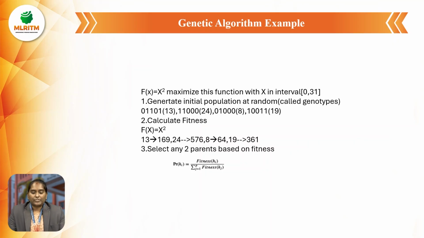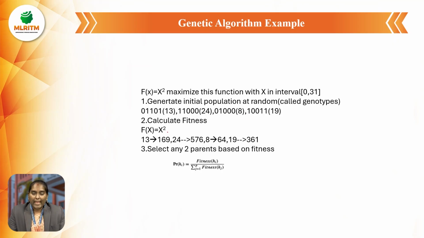In this example, first we have f of x equal to x square, and we maximize this function with x in the interval 0 to 31. Within the interval 0 to 31 only we choose the values, and generate the initial population at random. So initially we can take any values, not only 13, 24, 8, 19. We can take any value.